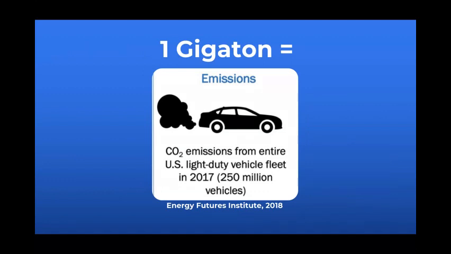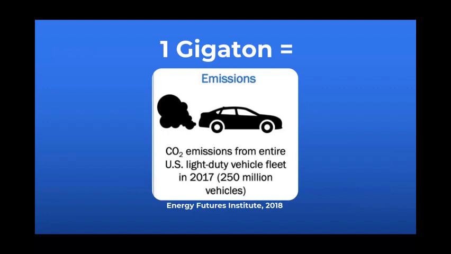And that's about the same as the emissions from the light duty vehicle fleet in 2017. So that's a pretty good chunk. That's a gigaton. So remember, the world emits 40 gigatons per year, and all the US light duty vehicles emitted a gigaton in 2017. Sometimes with gases, people think, oh, that's kind of hard to think about.